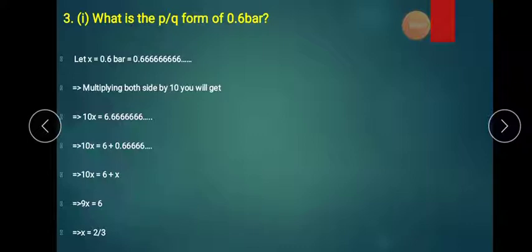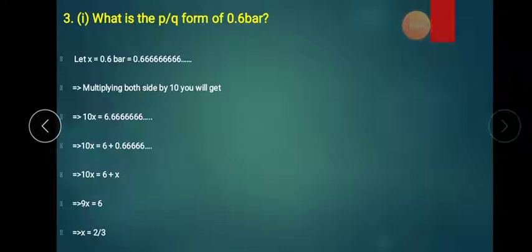So we can cancel it. 3 ones are 3, 3 twos are 6, and downside 3 threes are 9. That means if we simplify 6 and 9 in lowest form after cancellation, we'll get the answer as 2 by 3. So this question is very important. You practice nicely in your copy.